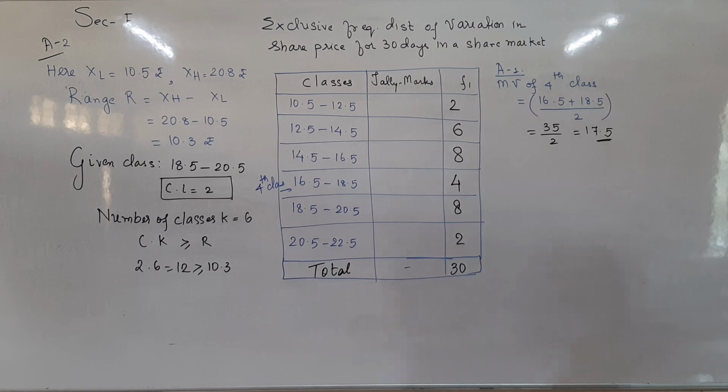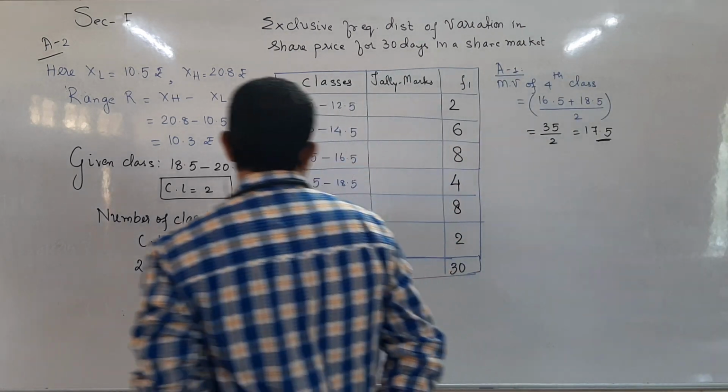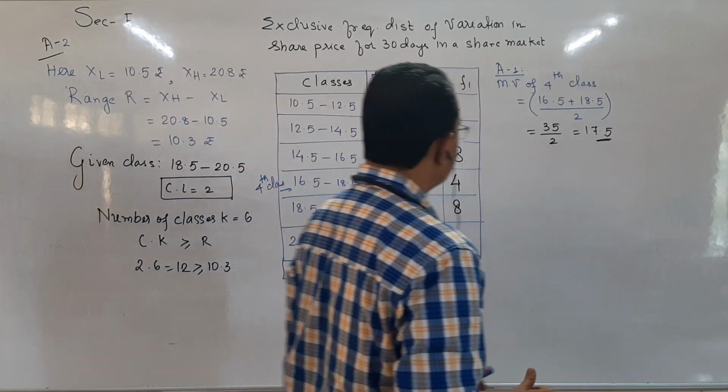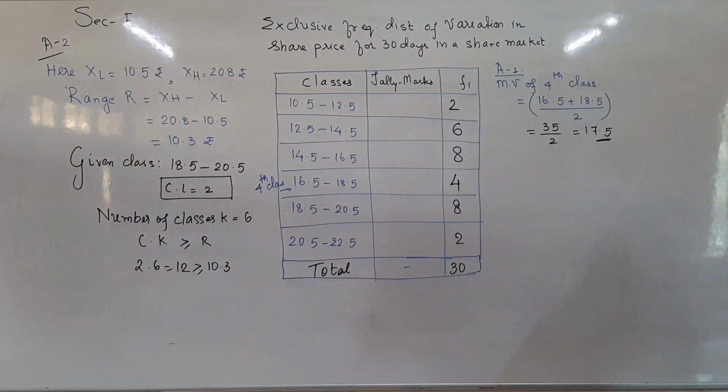Here also an ambiguity, students. 16.5 is included in this. So if I add the frequencies 2, 6 and 8, then the answer is 16. But you can exactly check also, students, that we don't have any observation which is exactly equal to 16.5.